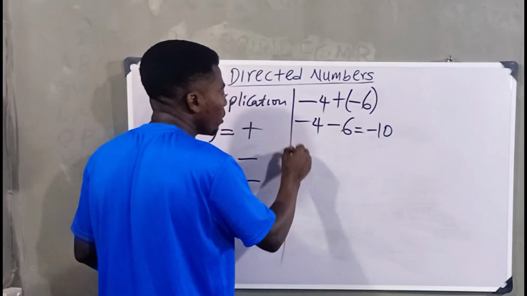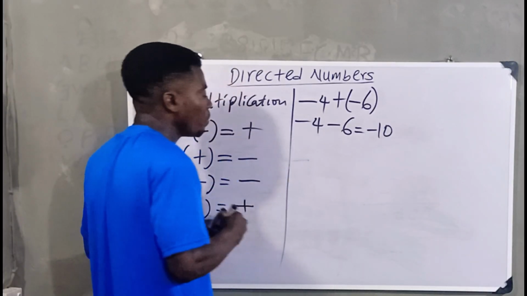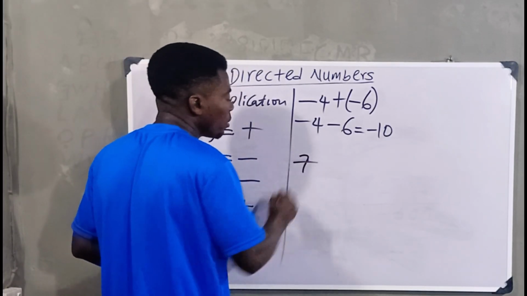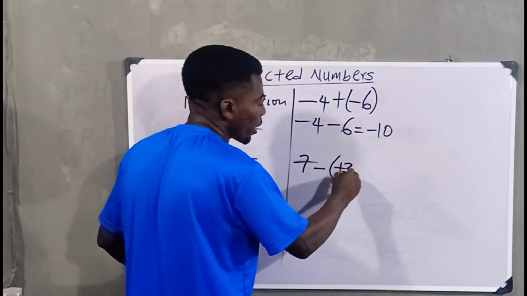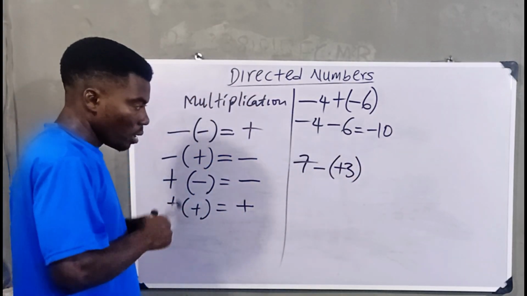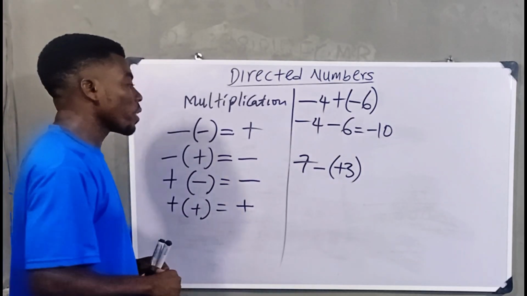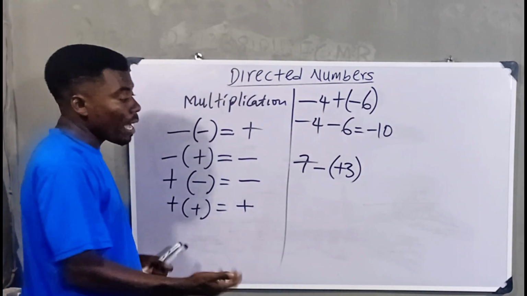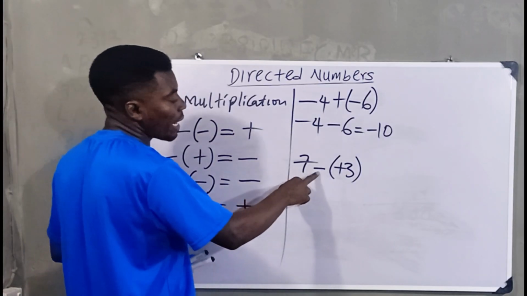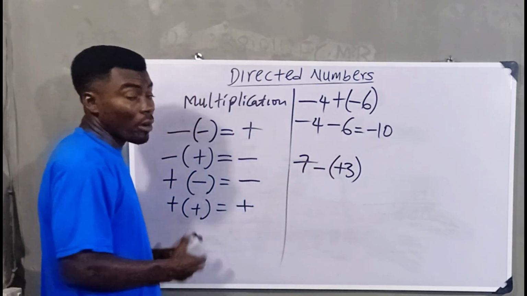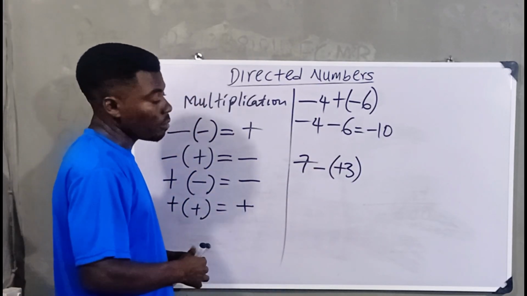Okay, so let's check the next one. Let's say we have 7 minus positive 3. So what happens here? I've already added parentheses. So when you have minus times plus, that will give you negative.